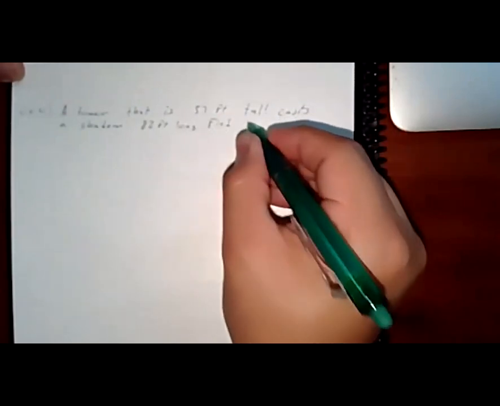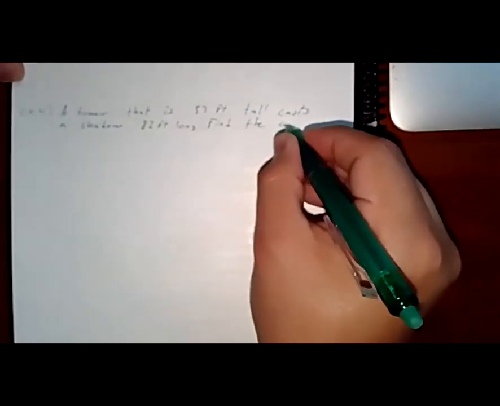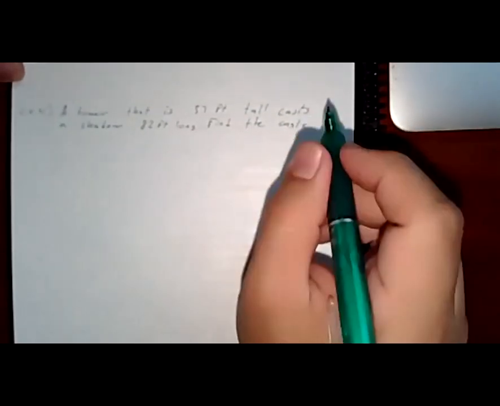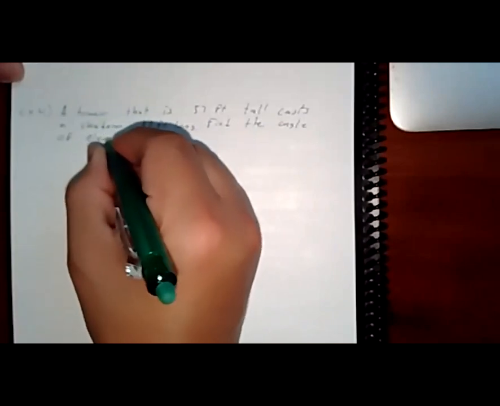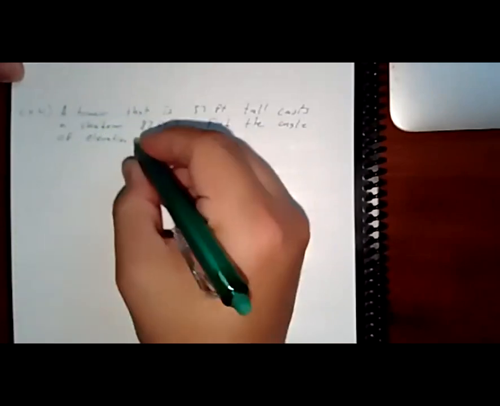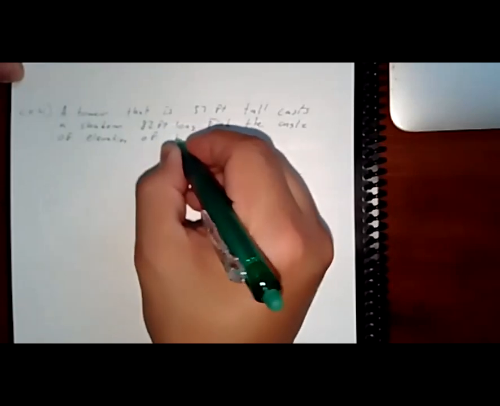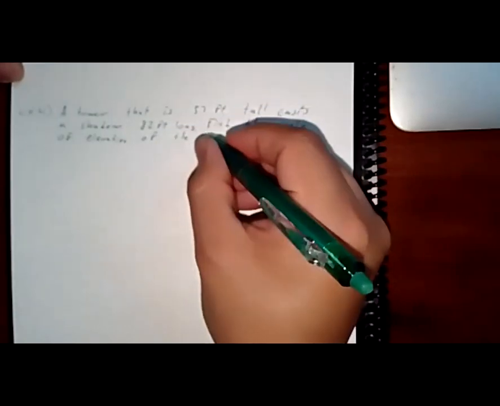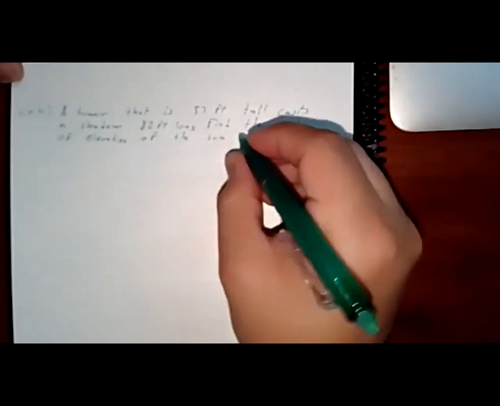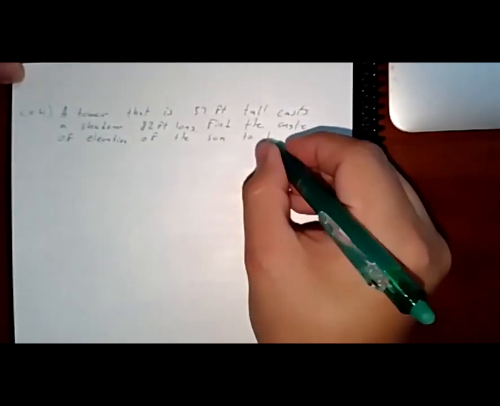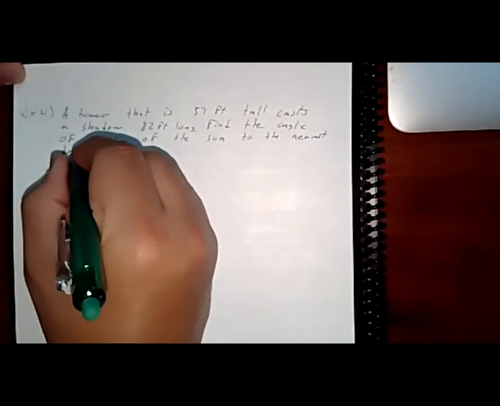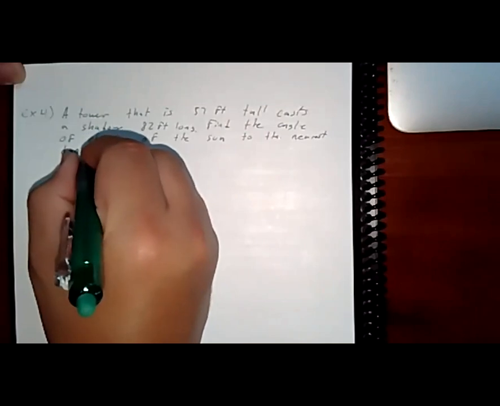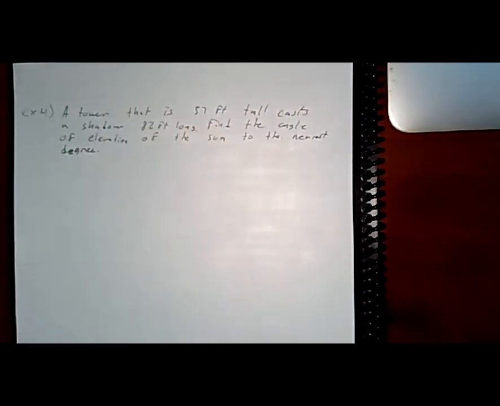Find the angle of elevation of the sun to the nearest degree. So round to the nearest degree.